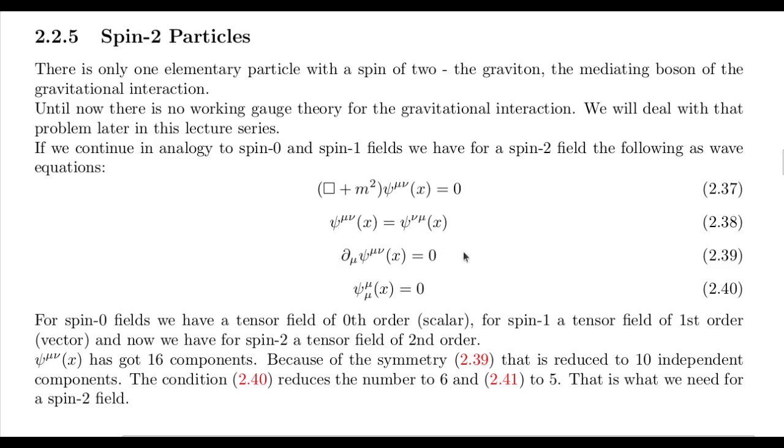And with this condition here, another scalar product, we have only 5 independent components. That is what we need for a spin 2 particle.